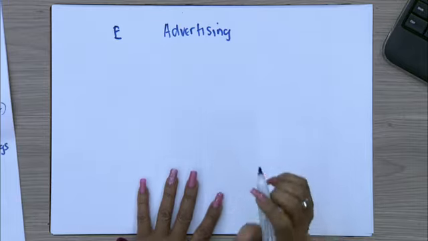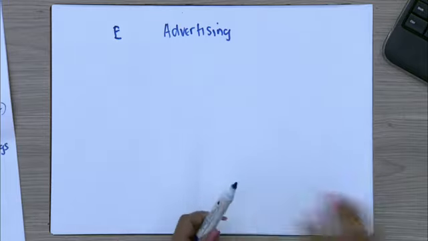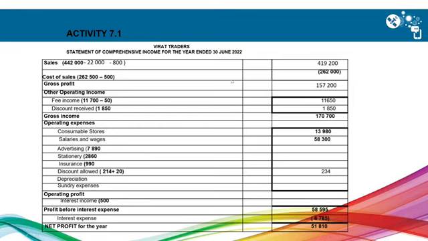Grade 10s, what ma'am is doing, let me just recap. We filled out all the figures for you first from the trial balance. I am working according to the adjustments. Because if we're going to jump around, we're going to cause confusion and you will not complete or get good marks in your statement of comprehensive income.